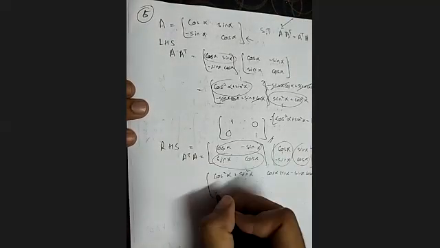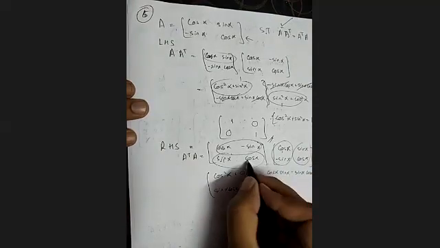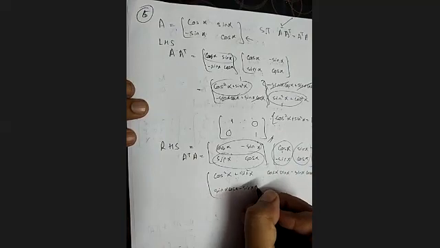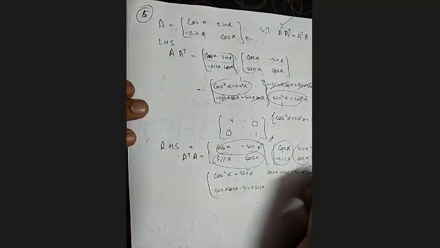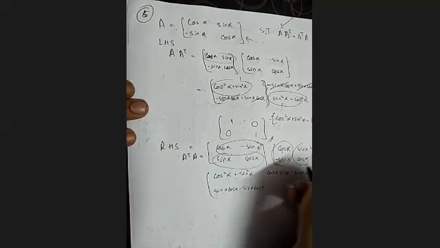Similarly, sin into cos, sin alpha cos alpha. Cos into sin, minus sin alpha cos alpha. Then sin into sin, sin square alpha. Cos into cos, plus cos square alpha.